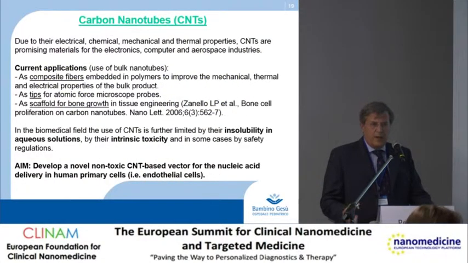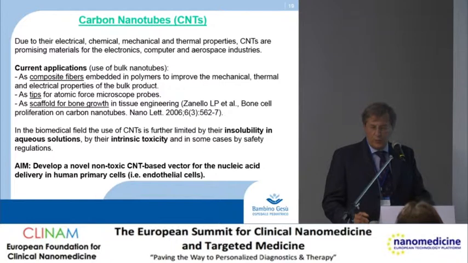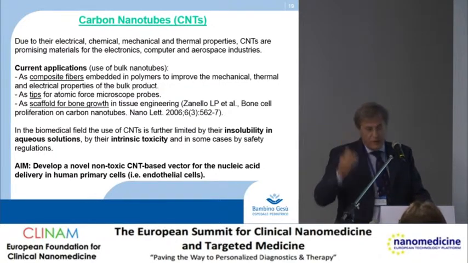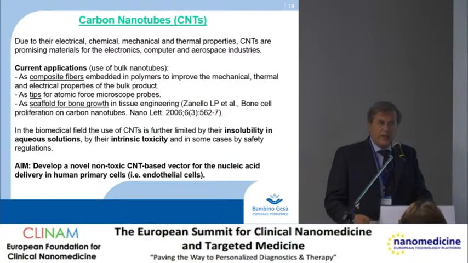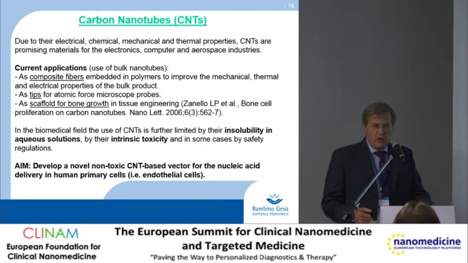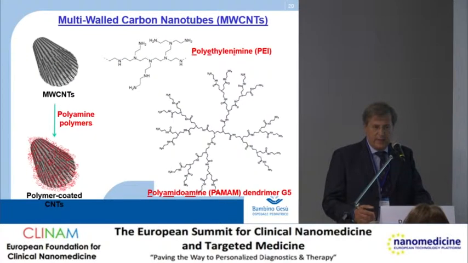Then we are testing carbon nanotubes. Nanotubes could be a very good vector for transferring fragments of nucleic acid into the cell. The problem is that they are not soluble in water and they are toxic. So the idea is to develop a way of making them soluble and non-toxic to transfer DNA or other nucleic acid fragments.